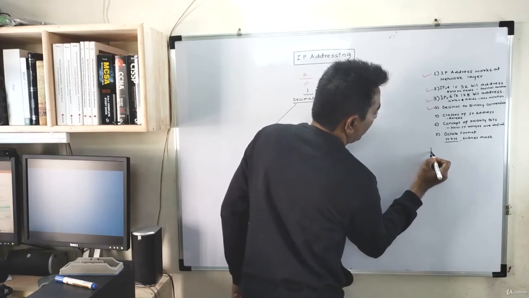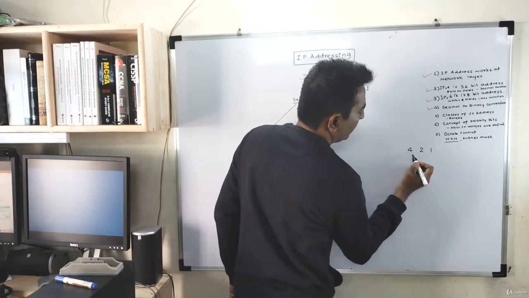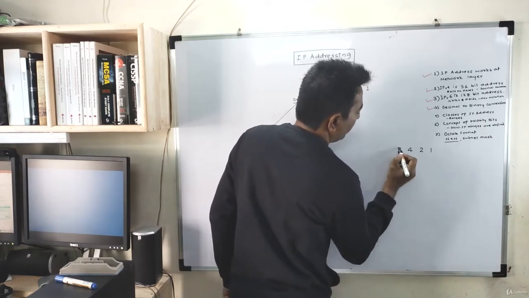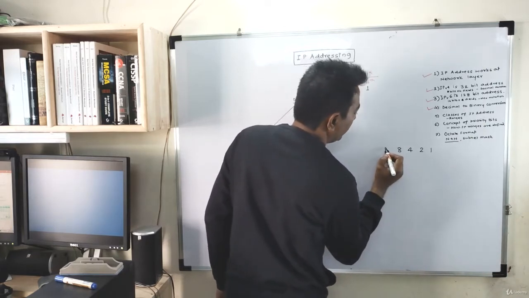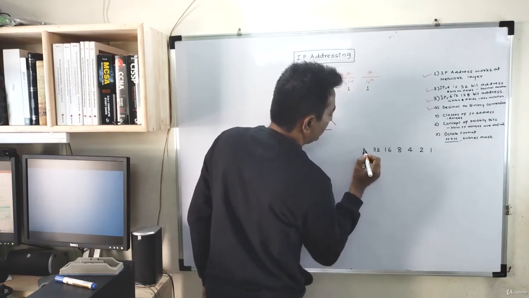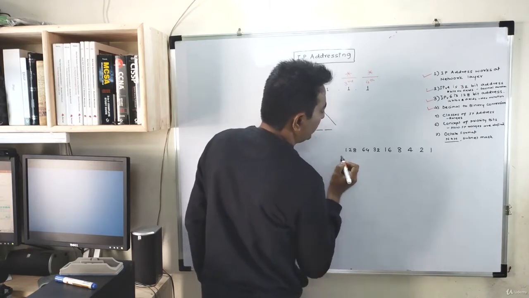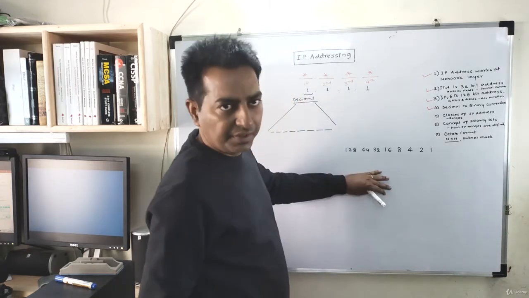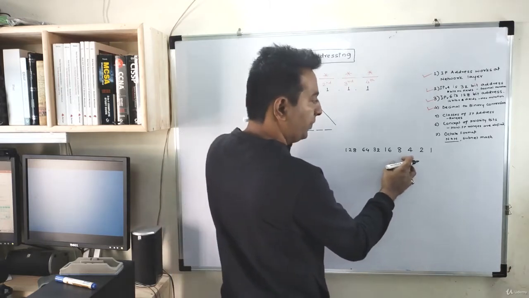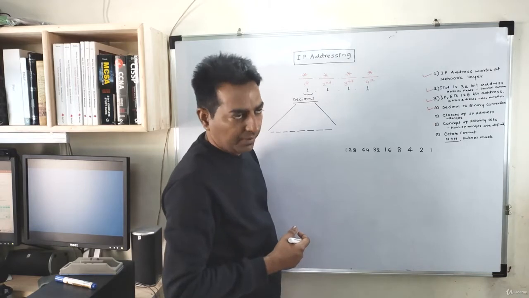So it is 1, 2, then 4, then 8, 16, 32, 64 and 128. You can easily remember this. So 1, 2, 4, 8, you just need to keep doubling the number, right?